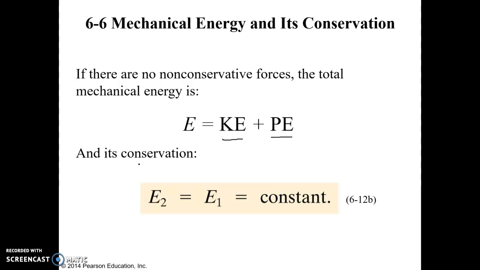And this is leading up to the law of conservation of energy, which I already mentioned in the previous slide. The final energy in a system has to be equal to the initial energy of the system, as long as we ignore those pesky non-conservative forces like friction. So it is constant. It doesn't change. The total amount of energy in the system remains constant.